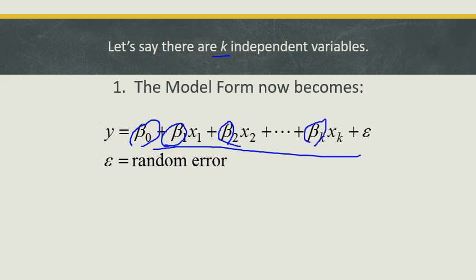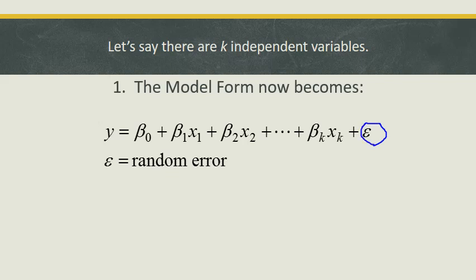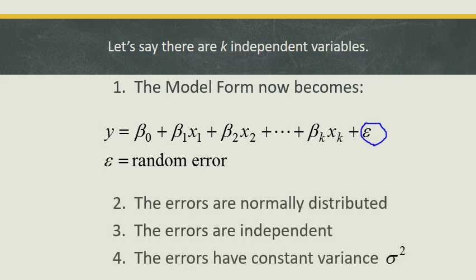This form is called the general linear model. And then there is the random error term, which has the same assumptions as before: normally distributed, independent, and constant variance.